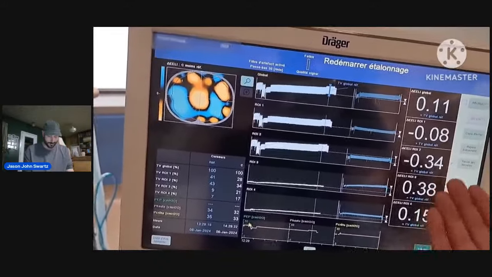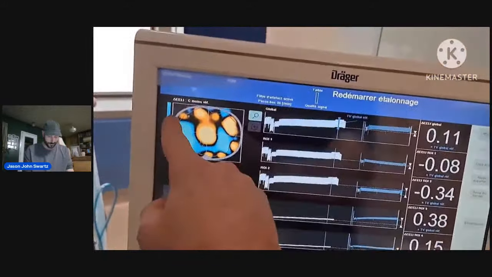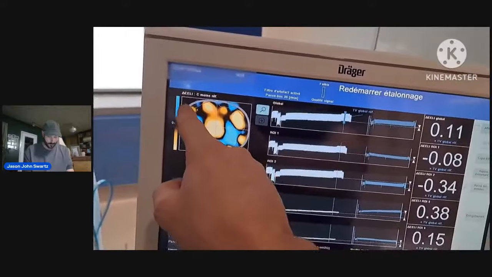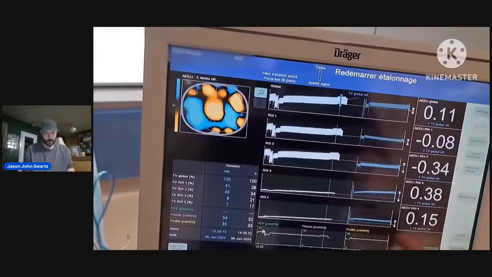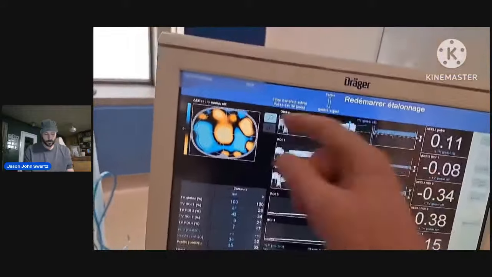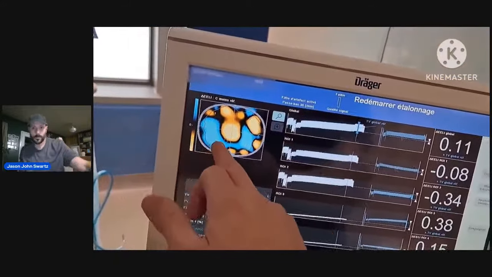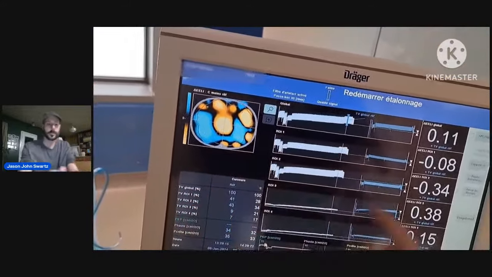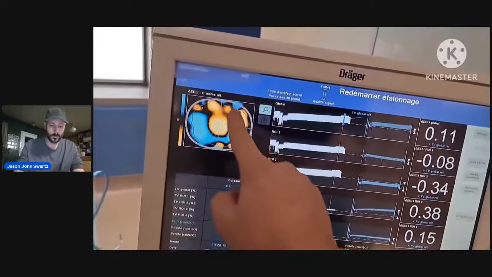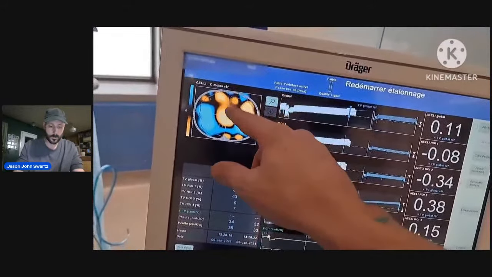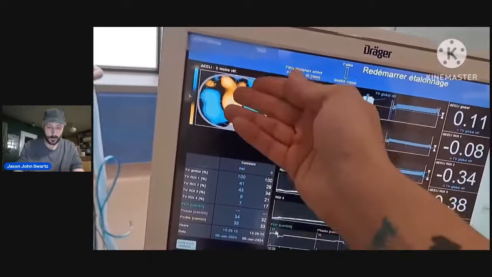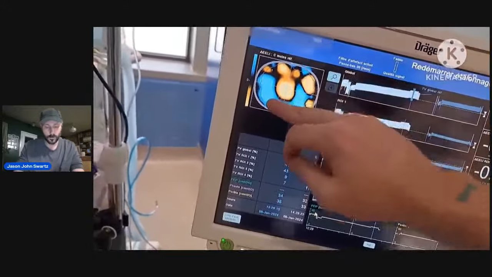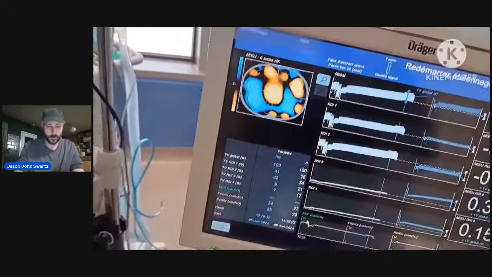We know that we're recruiting volume, and we can see that shown through color, meaning 38 and 15 are positive impedance values. Positive impedance is shown in blue. We see that there's a loss in the ventral areas, which is great because it's not a loss, it's a redistribution. A loss in this area, but redistributed to the area that we actually want.